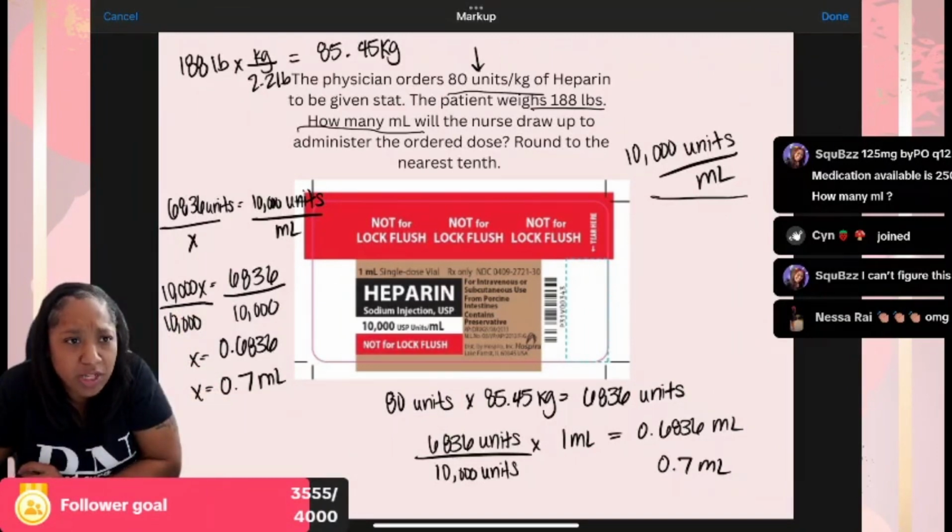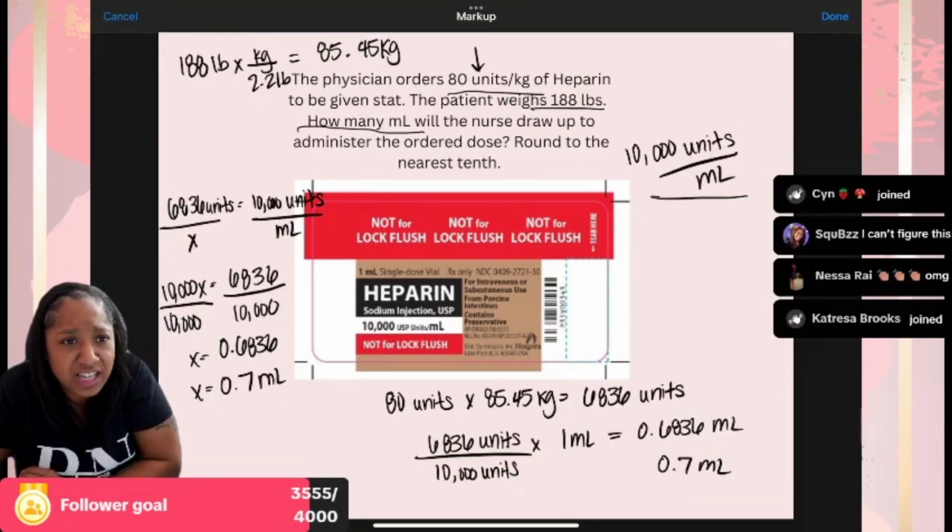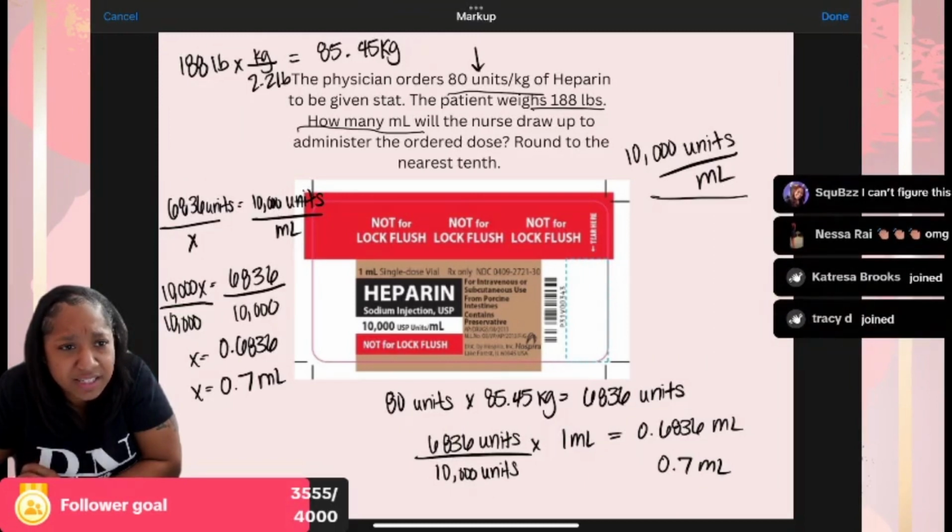Okay. 125 milligrams by mouth Q12 for 10 days. Medication available is 25,000 units per ml. How many mLs? I can't figure this thing out. Oh, okay. Well, to set it up, you would start with milliliters over your units. Okay. Well, wait a minute.